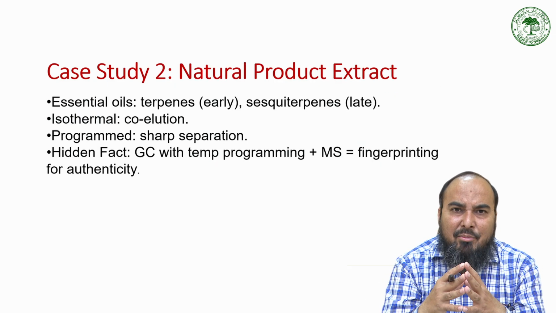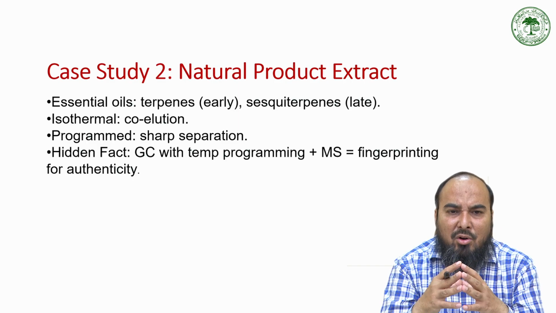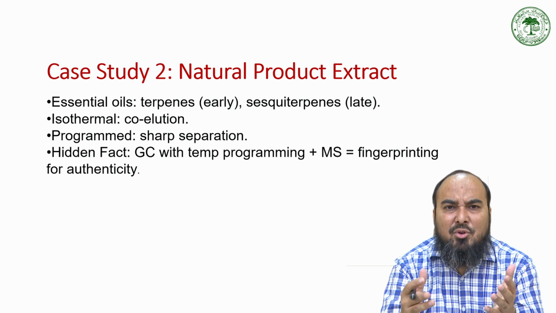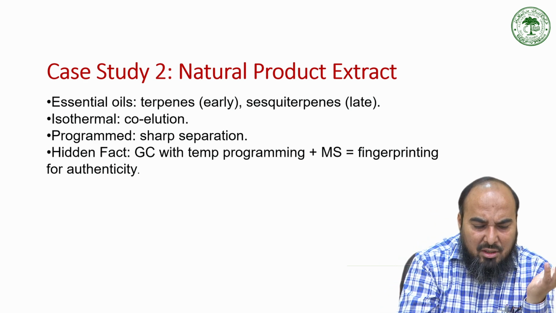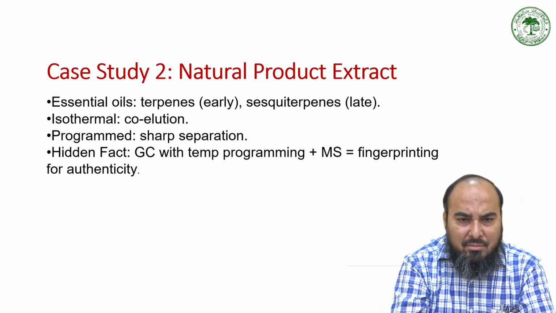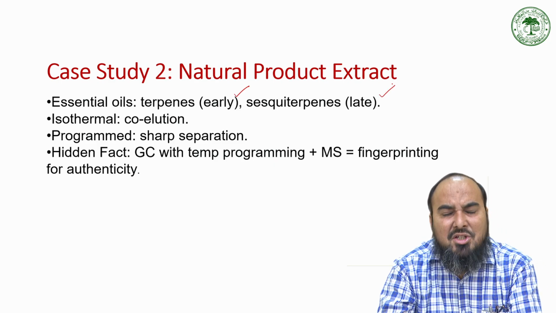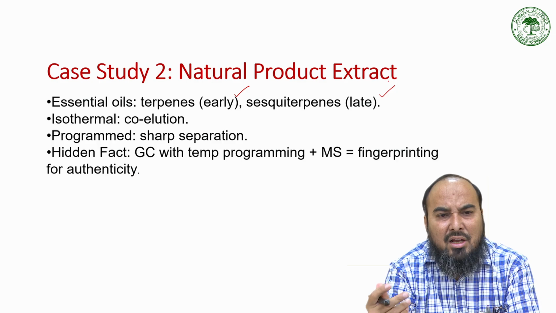Another case, for example, if you want to separate certain essential oils which contain terpenes and some substituted terpenes, let us suppose sesquiterpene. If you run a column, this terpene will come initially and sesquiterpene, which is a derivative of terpene, will come late.